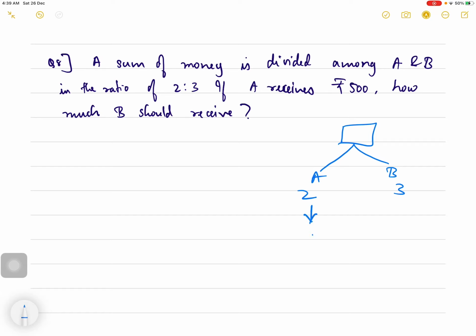So if A, that means 2, is 500, how much is 3? So 500 divided by 2 into 3, cross multiply, it will come 750, right?